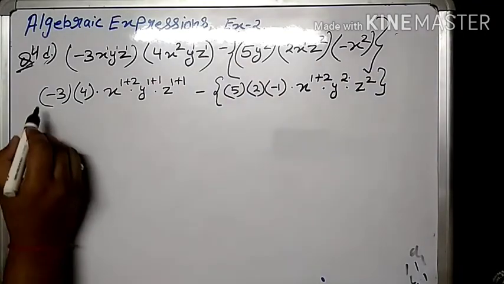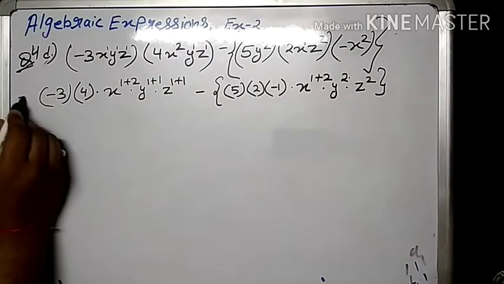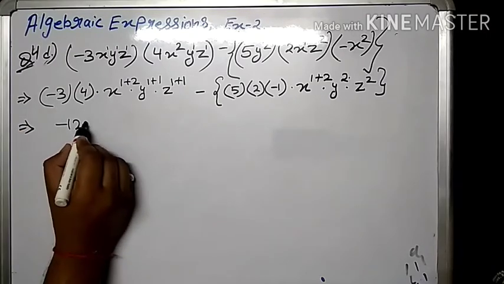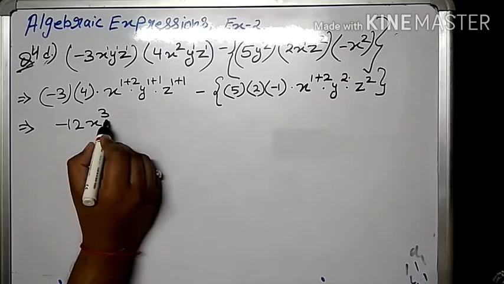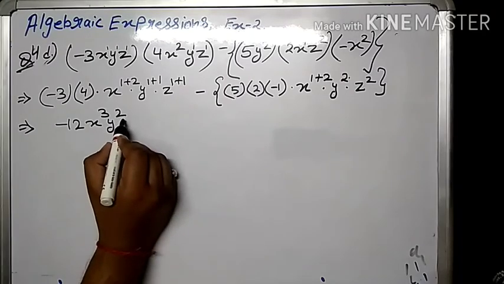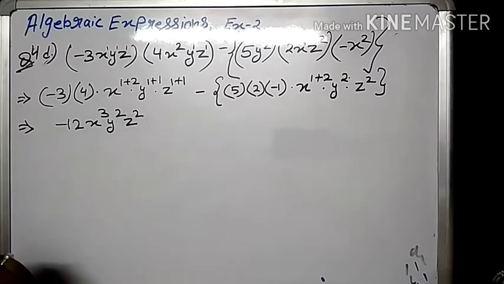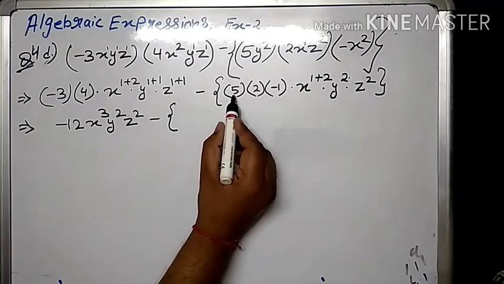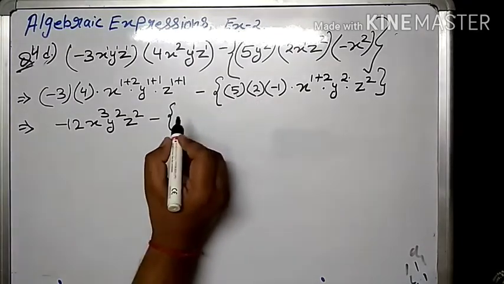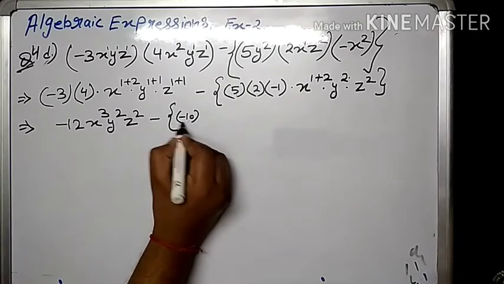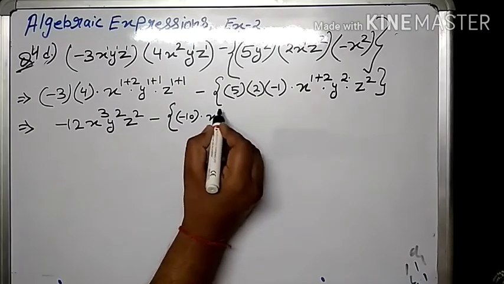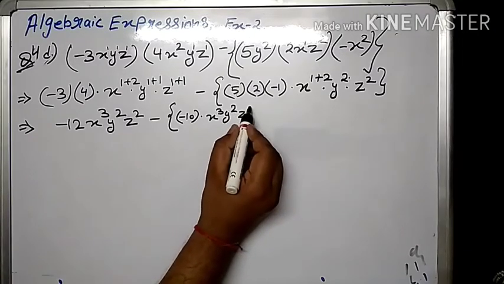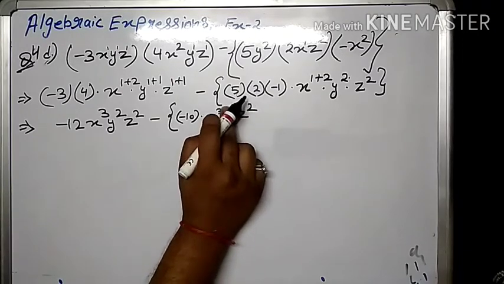Now after that, if we multiply, it becomes minus 3 into 4, that is minus 12, x to the power 3, y to the power 2, and z to the power 2, minus, here first 5 into 2, that is 10, and then x to the power 3, y to the power 2, and z to the power 2.